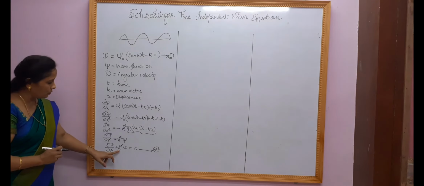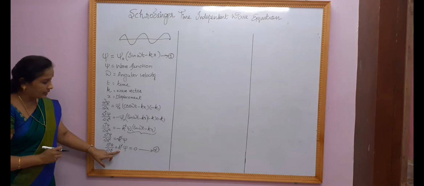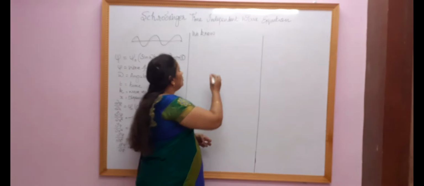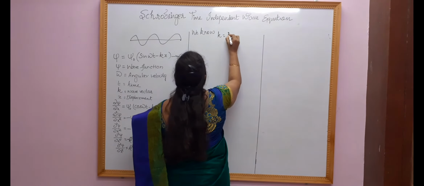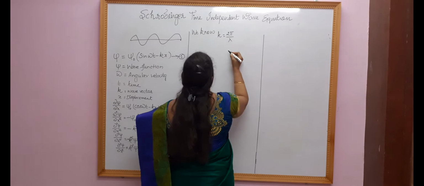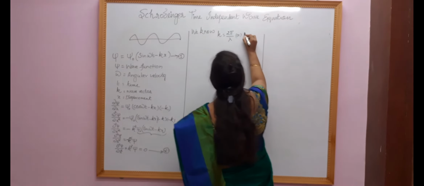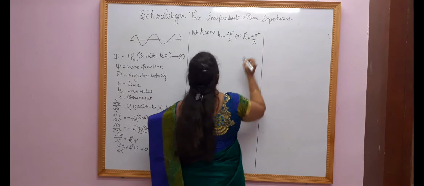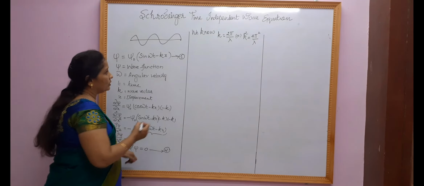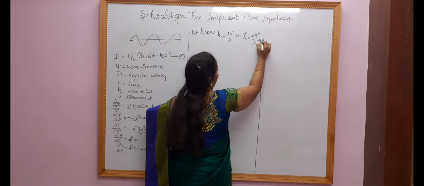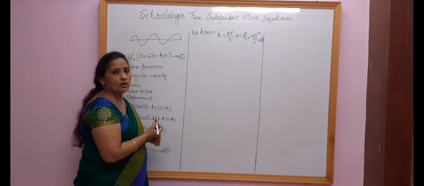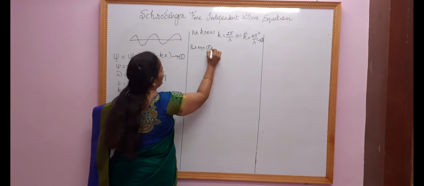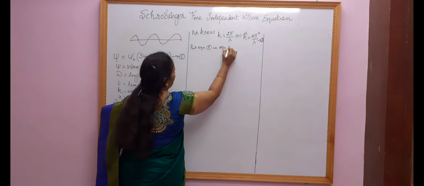Now you have to remove this term k, a classical term, and replace it with a quantum mechanical term. We know k is equal to 2 pi by lambda, or k square is equal to 4 pi square by lambda square. Let this be your equation number 3. Now put equation 3 in equation number 2.